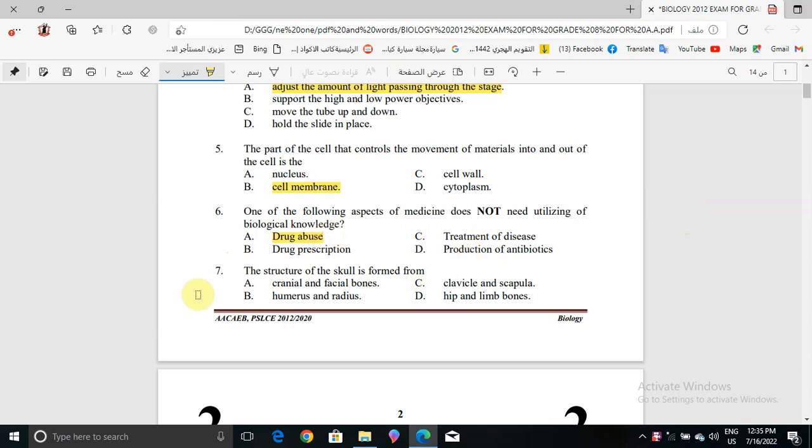Now question number 7, the structure of the skull is formed from what? Corneal and facial bones, humerus and radius, clavicle and scapula, or hip and limb bones? Of course it will be the corneal and the facial bones, because the structure of the skull is formed from corneal and facial bones.